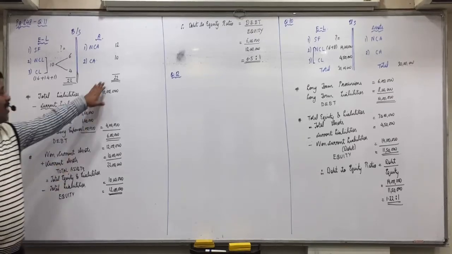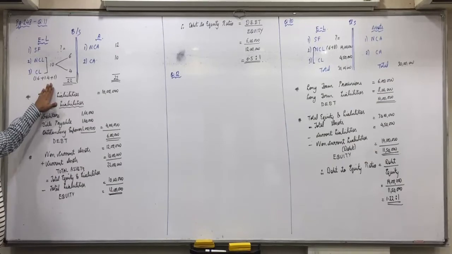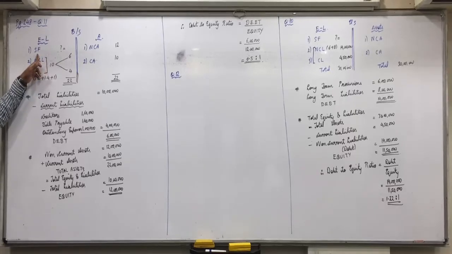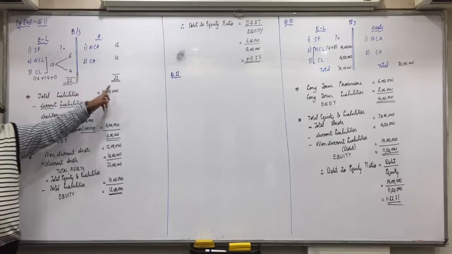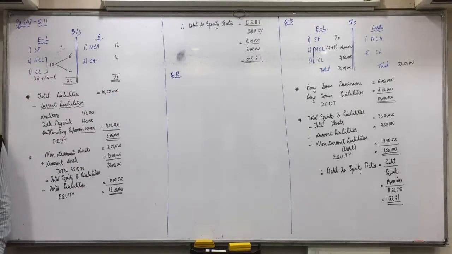Because total of assets will be equal to total of equity and liabilities. And equity and liabilities will include shareholders' funds, that is equity share capital, preference share capital, reserves and surplus. Then you'll add non-current liabilities, then you'll add current liabilities. You'll get total of equity and liabilities, and that itself will be equal to total of assets. Did you understand this? Then we can apply the formula.